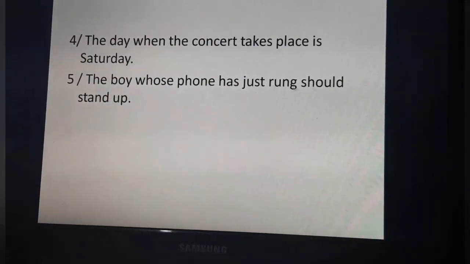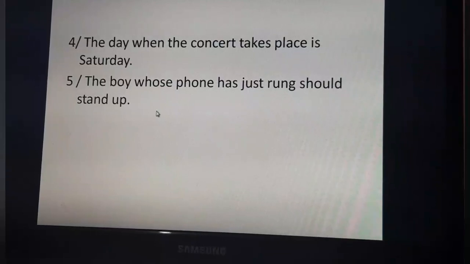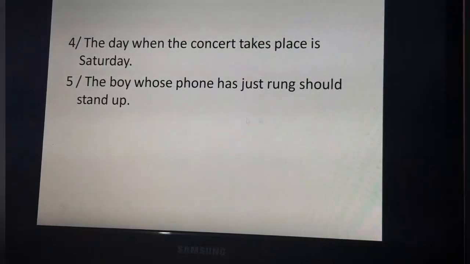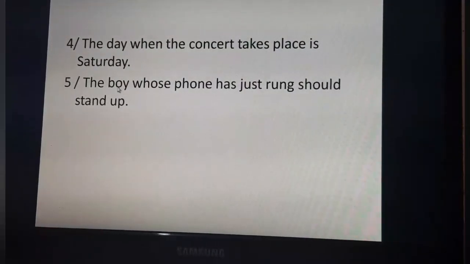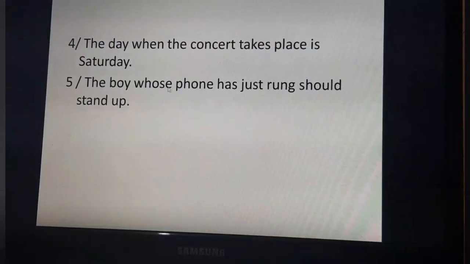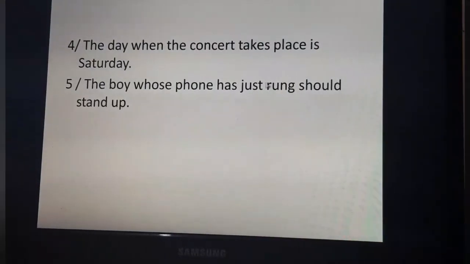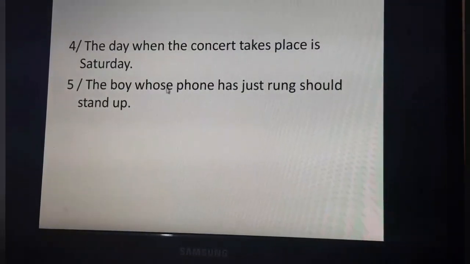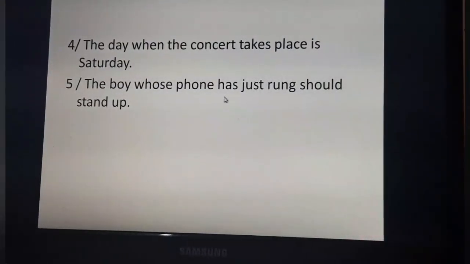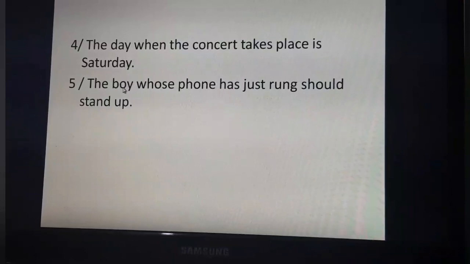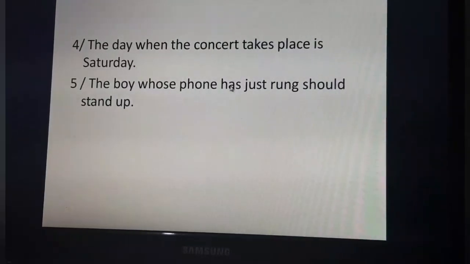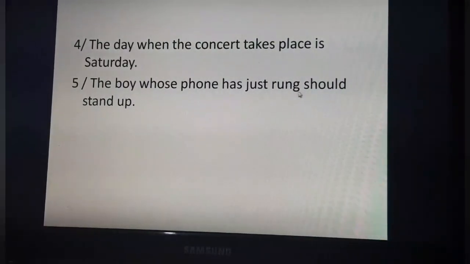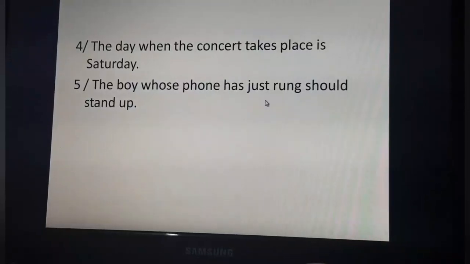The boy should stand up. حاجة أخرى. The phone of this boy has just rang. اوكي دونك إلا بغينا نربطو الجمل بجوج شنو غادي نلقاو؟ The boy whose phone has just rang should stand up.